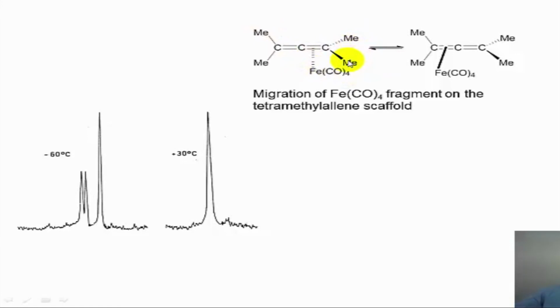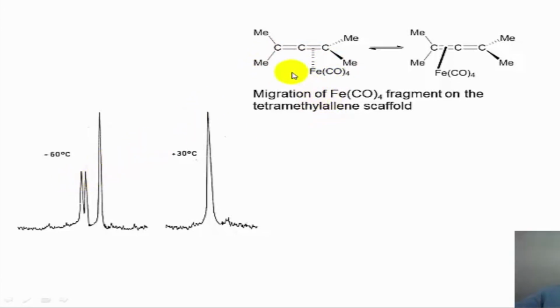So these 2 methyls, with a 6 hydrogen intensity, come as a singlet, which is this particular singlet. This methyl and this methyl should come separately, and in fact they do come separately in this particular case. These 2 signals correspond to the 2 methyls that are seen, one syn to the iron tetracarbonyl, the other anti to the iron tetracarbonyl.